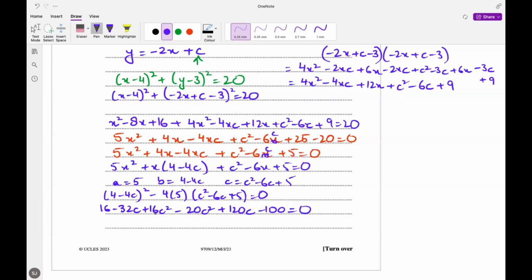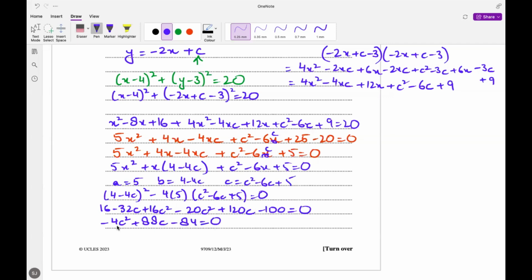Now simplifying this, we'll get 16c squared minus 20c squared, which is minus 4c squared. Minus 32c plus 120c will become a plus 88c, and 16 minus 100 will become minus 84 equals 0.